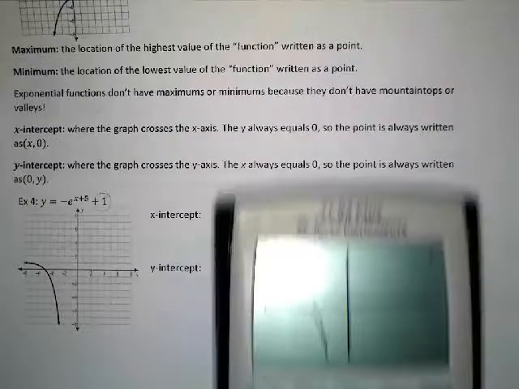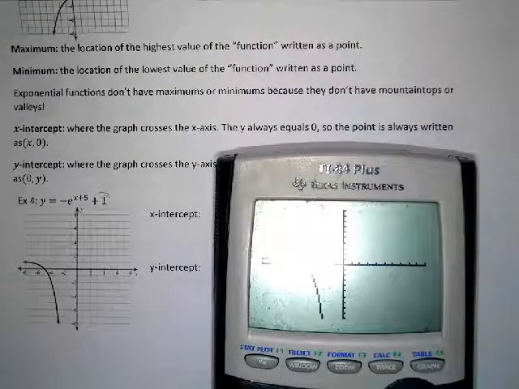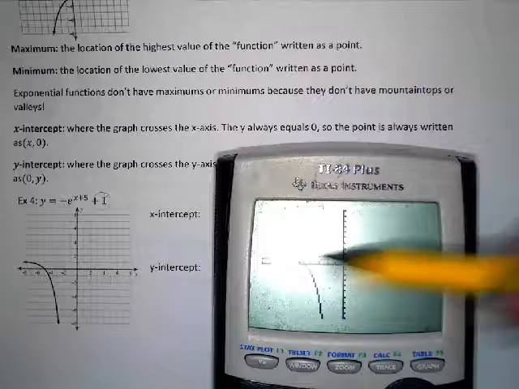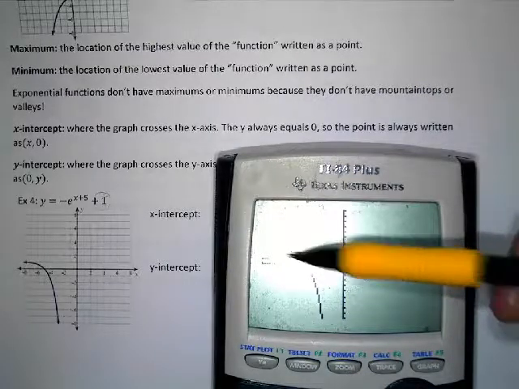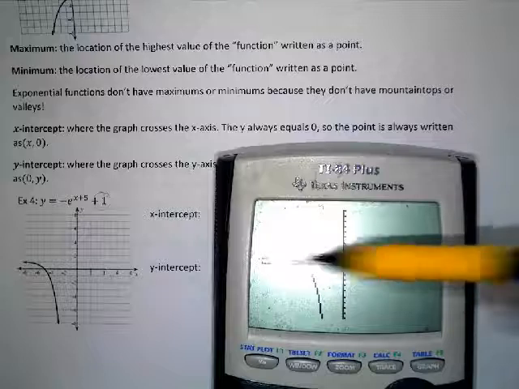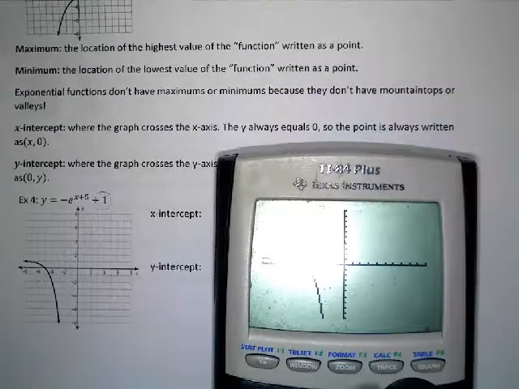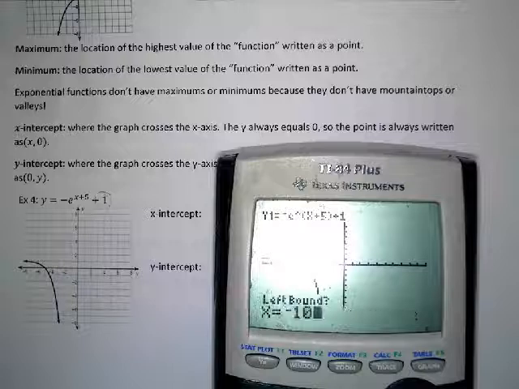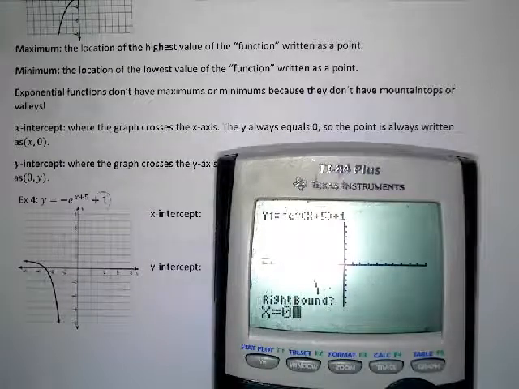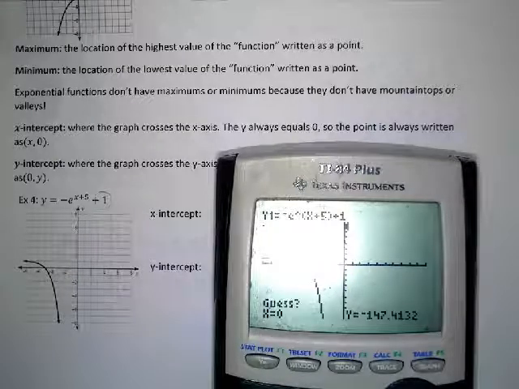Okay, so our x-intercept, it's over here on this side of the graph. So for me, whenever I see that, I'm going to use -10 and 0 for my left bound and right bound because I'm lazy. So second trace, number 2, -10, enter, 0, enter. The guess is stupid, so I'm going past that.